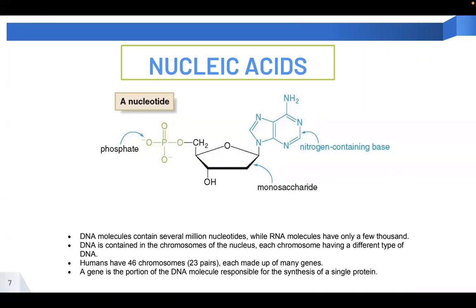DNA is contained in the chromosomes of the nucleus, each chromosome having a different type of DNA, and humans have 46 chromosomes, 23 pairs, each made up of many genes. And a gene is the portion of the DNA molecule responsible for the synthesis of a single protein. So, ang sabi po nila, according to the new studies, hindi daw lahat ng DNA pwedeng mag-code for a gene. Hindi lahat ng DNA pwedeng magkaroon ng segment of a gene. Okay?